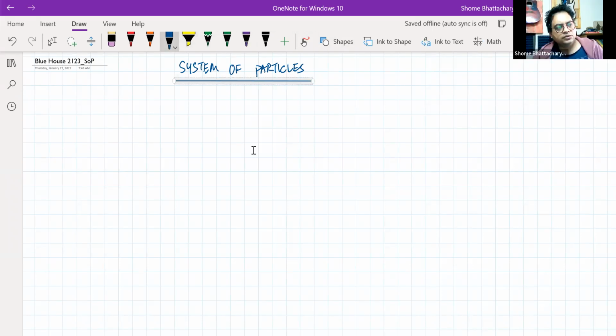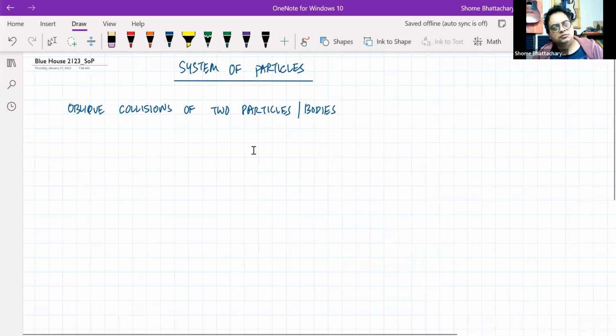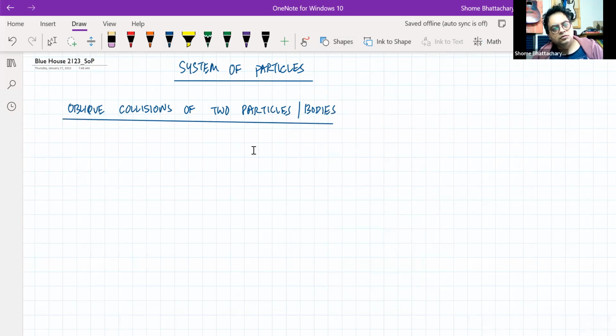Okay, so we will start today with oblique collisions of two particles or bodies.